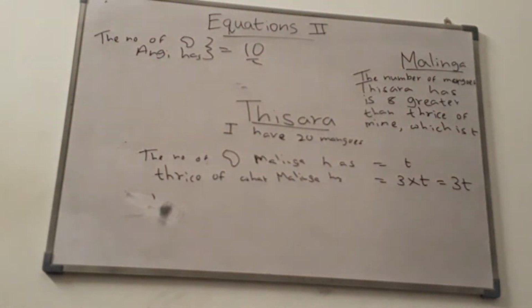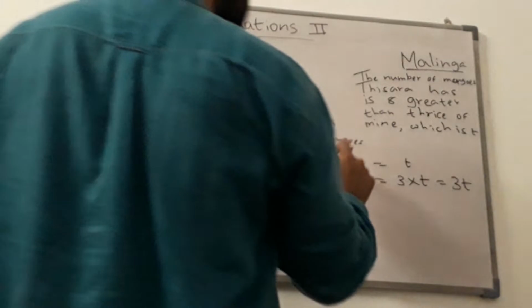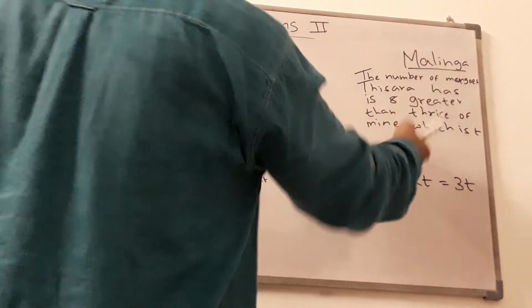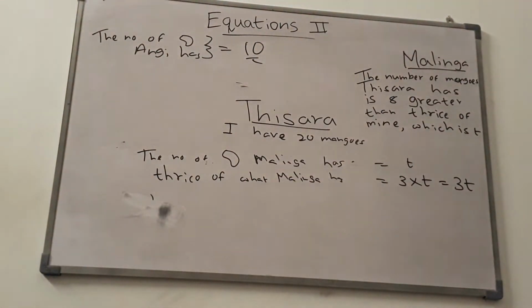The number of mangoes Malinga has is T, and thrice of Malinga's is 3 times T, which is 3T.